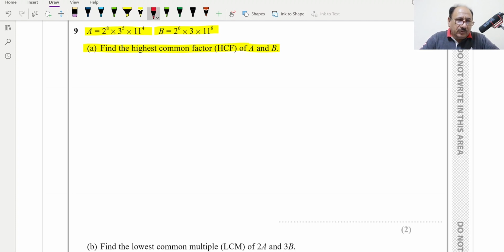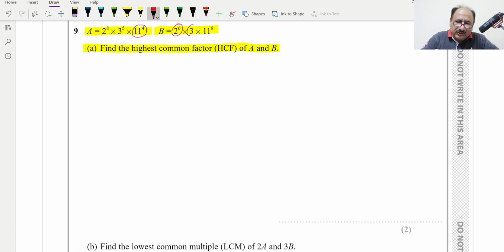So what we will be doing, we will be checking for the lowest power, basically least power. So 2 raised to power 6 is the lesser one, and 11 raised to power 4 is the lesser one. And what else we can take?